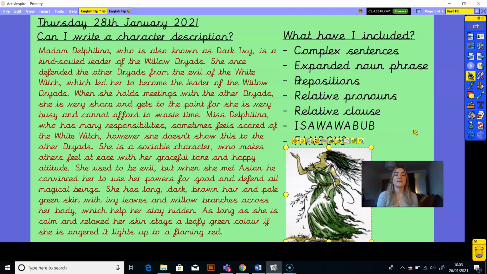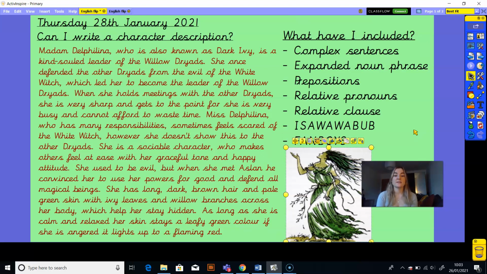She once defended the other Dryads from the evil of the White Witch, which led her to becoming the leader of the Willow Dryads. When she holds meetings with the other Dryads, she is very sharp and gets to the point, for she is very busy and cannot afford to waste time. Madame Delphilina, who has many responsibilities, sometimes feels scared of the White Witch. However, she doesn't show this to the other Dryads.